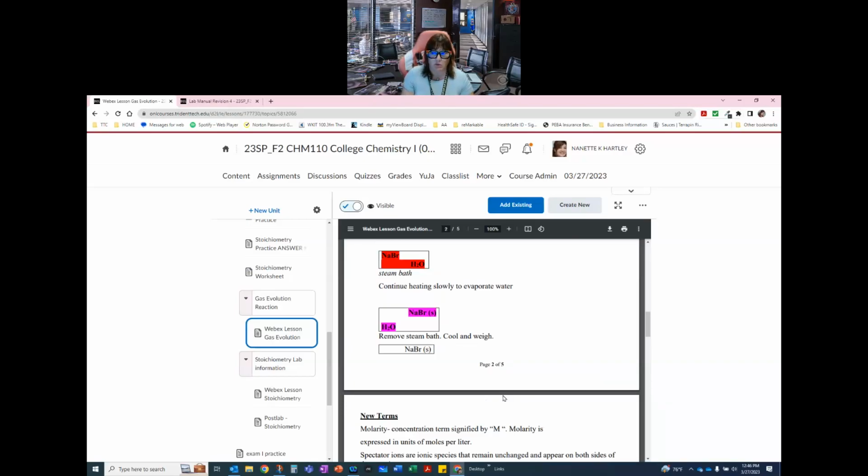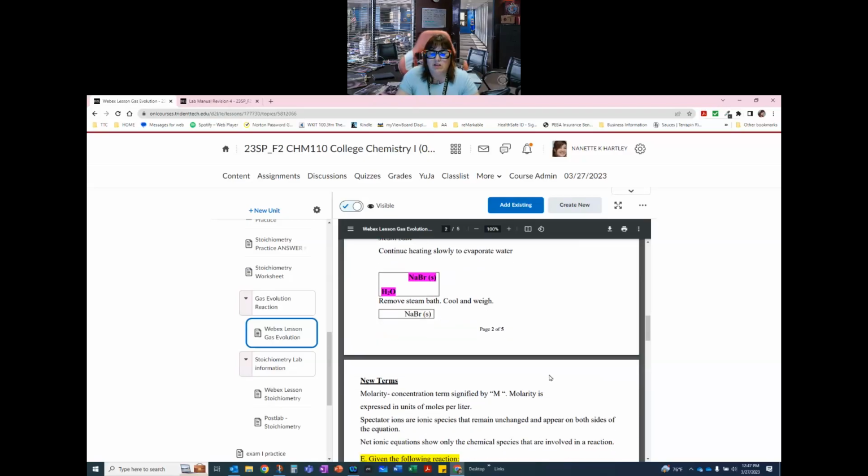Now it's aqueous to begin with, so the Na2CO3 we can remove from that. The NaBr is going to be left in that aqueous form. As long as we take the water away, we can measure that material that's collected, and that would then give us our actual yield.